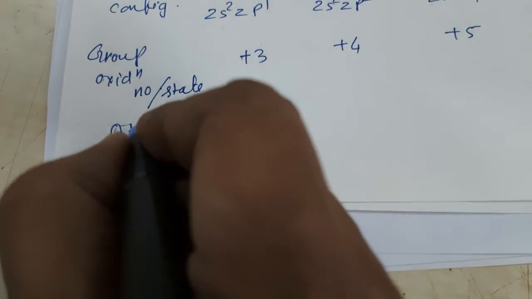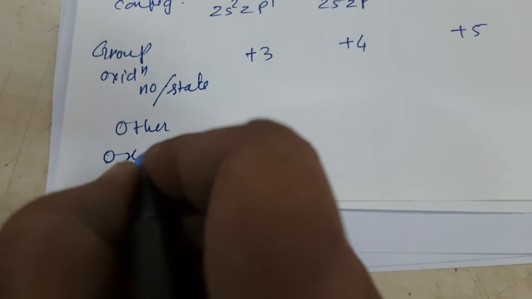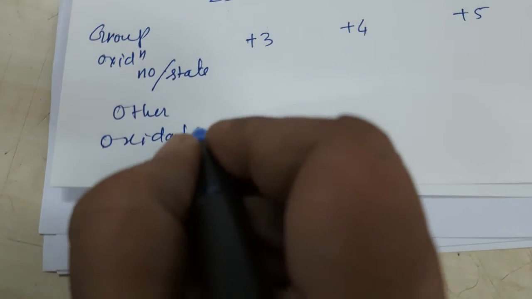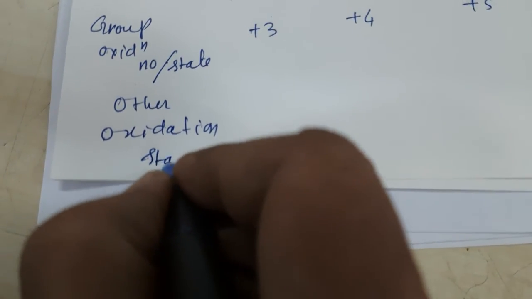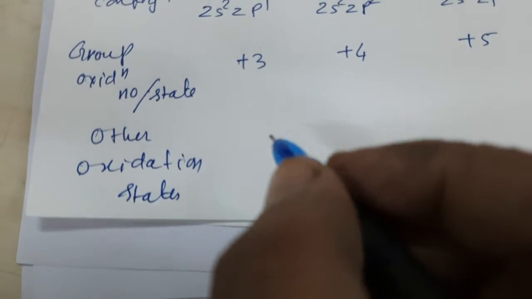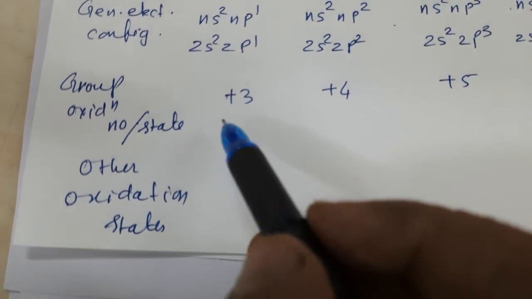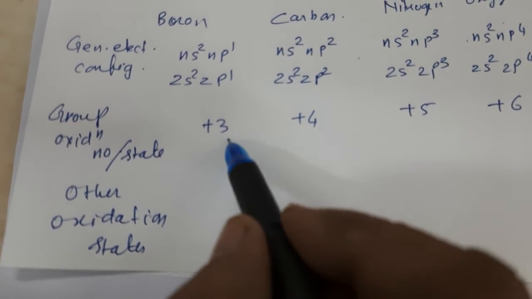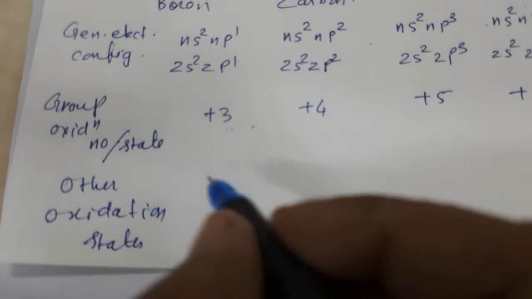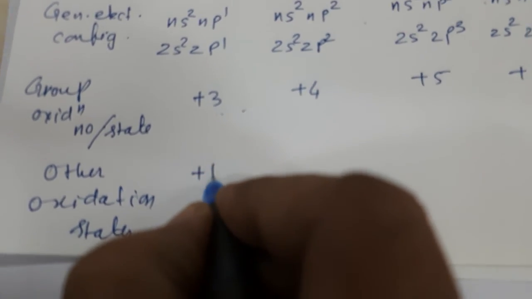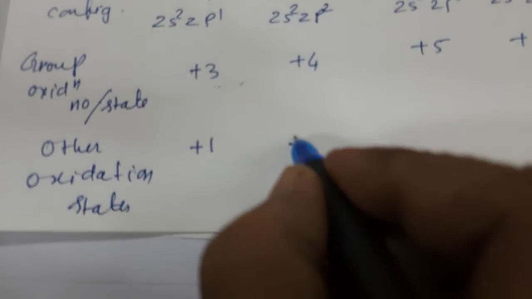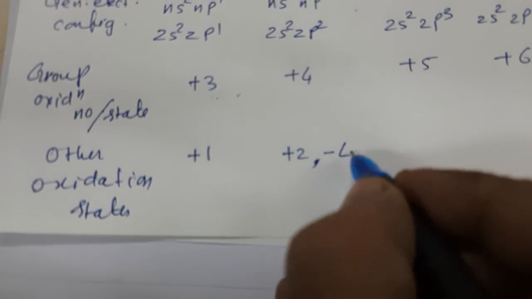So other oxidation states: one phenomenon is known as the inert pair effect, beta. So if you subtract 2 from this, it is +1. Then here also +2, -4.